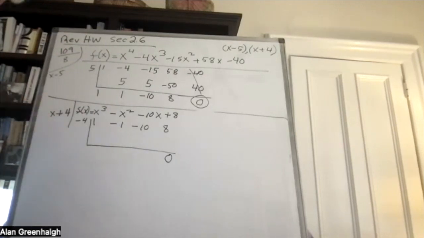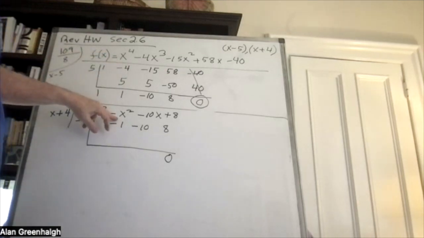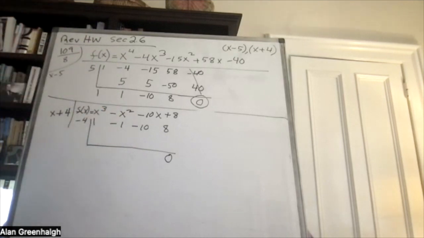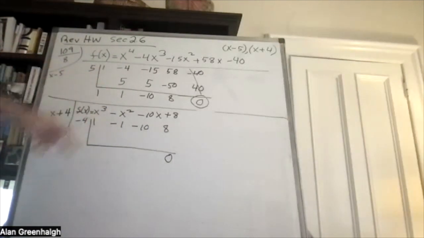Professor, for the first f of x, isn't it supposed to be x to the third plus x to the second? No, the result. Oh, here. Yeah.